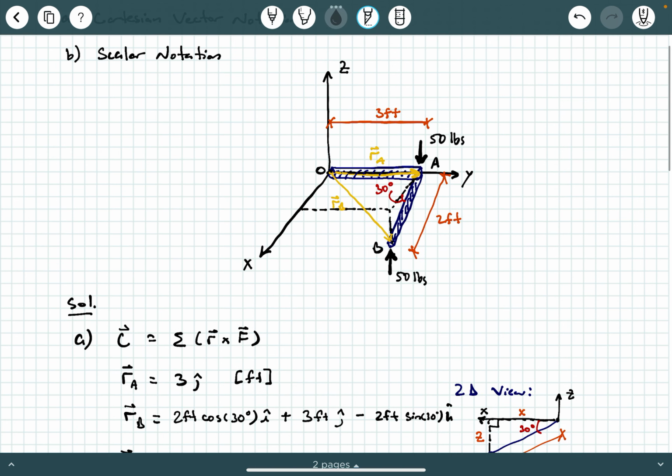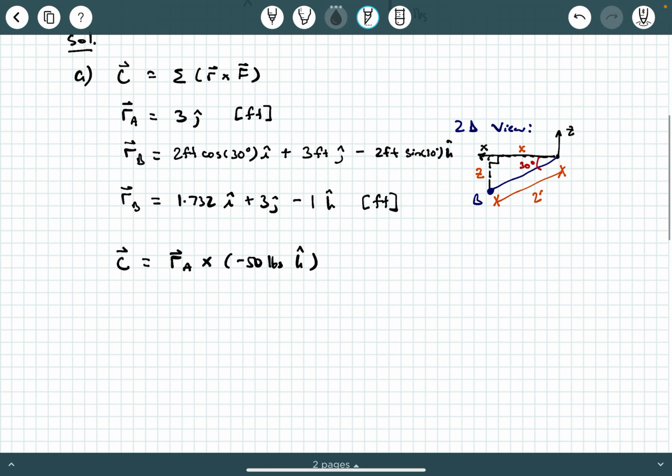So I have RA crossed with negative 50 pounds. And I'm going to say plus RB crossed with positive 50 pounds in the k direction.